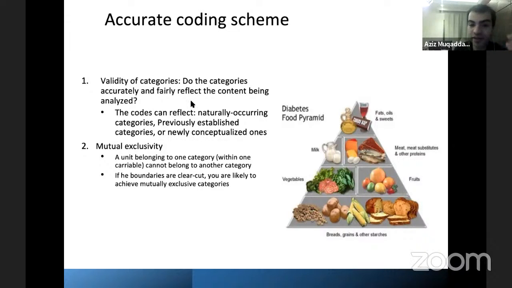You can also look at previously established categories. Let's say we are analyzing music in films. Music genres have already been established in the music literature or music databases.